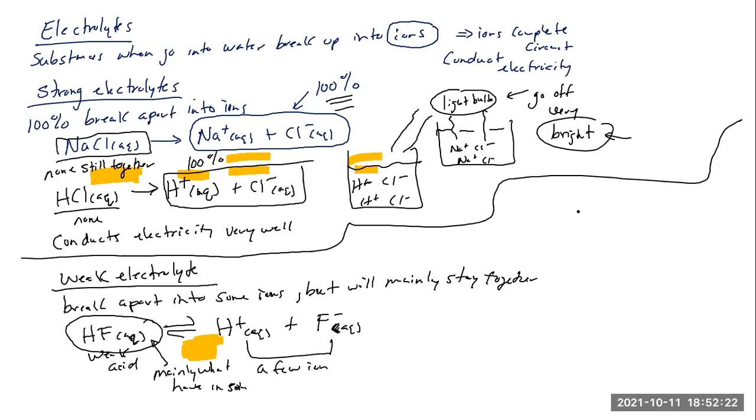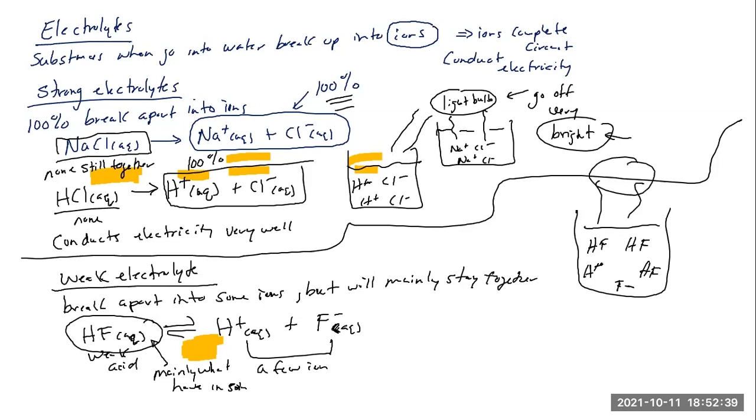So what happens if we take a solution of this? Again, in this solution, pretty much HF is mainly what we got floating around. But we got a little bit of H plus ions, a little bit of F minus ions floating around. So if we were to hook this up to our light bulb here, because there's still a few ions floating around, it's able to conduct electricity. But it can do nowhere near what a strong electrolyte will do.